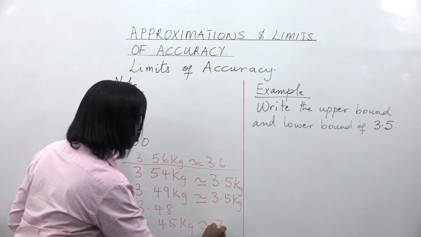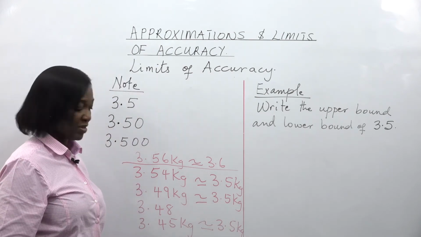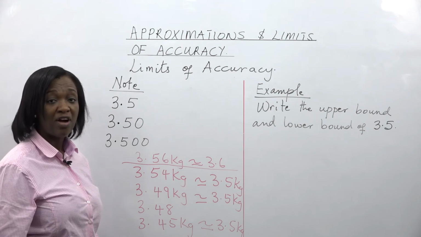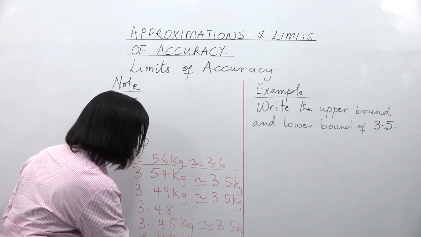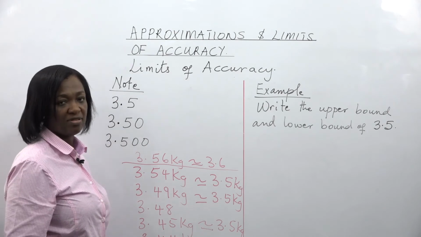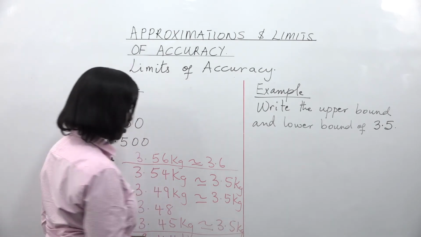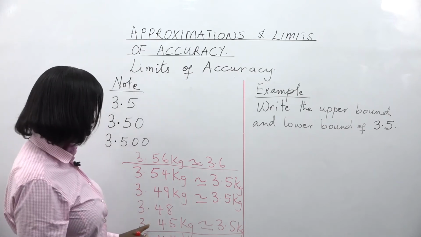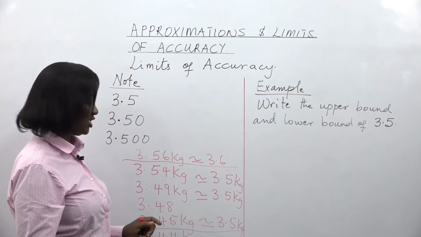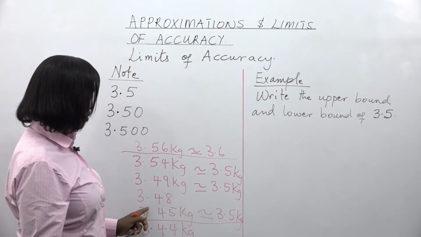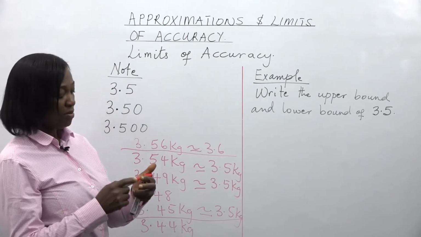This will still round to 3.5. You agree with me? But anything less than 3.45, for example, 3.44, would not round to 3.5. So the lower bound is actually 3.45. So that will be written as an inequality, 3.45 being the lower bound, and then 3.55 being the upper bound.